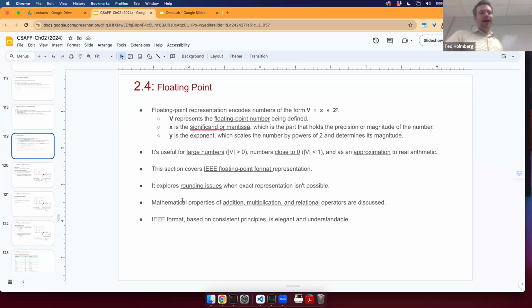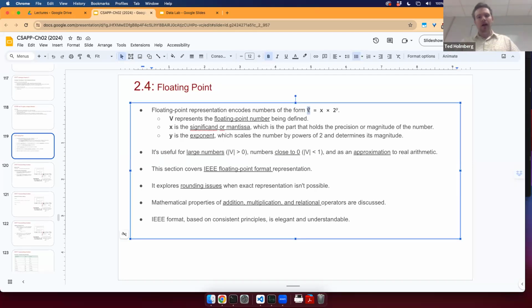Okay, anyway, let's get back to the actual slides. Here you can see I give you the floating point representation, which is going to encode in this form. Our value V, which represents our floating point number, can be defined as this term X, our significand, or what's called our mantissa, which is the part that holds the precision of the number.